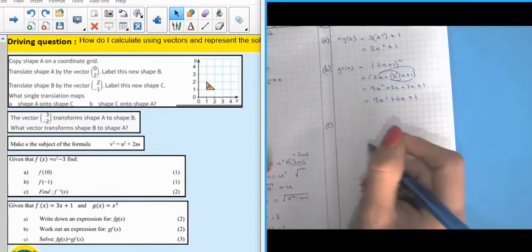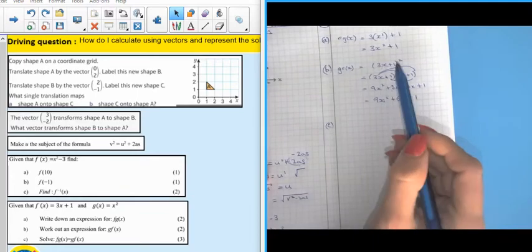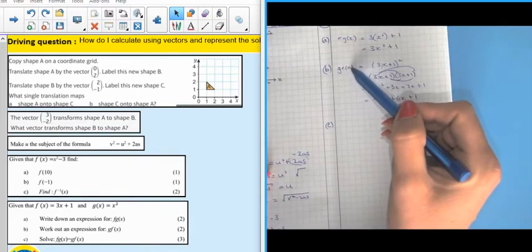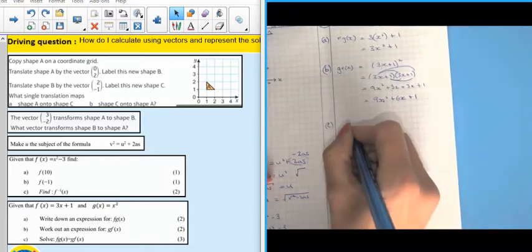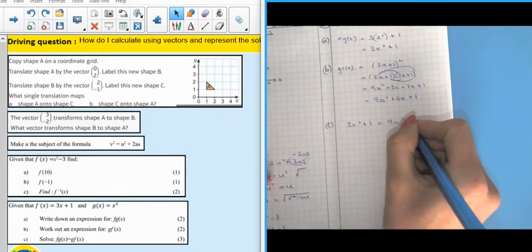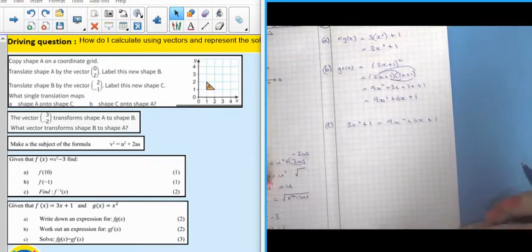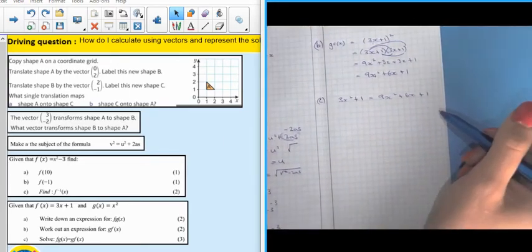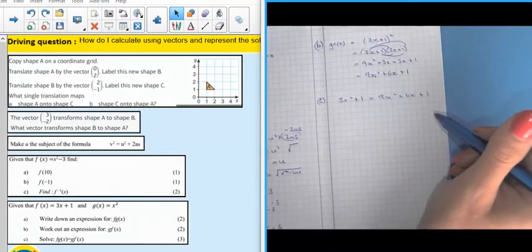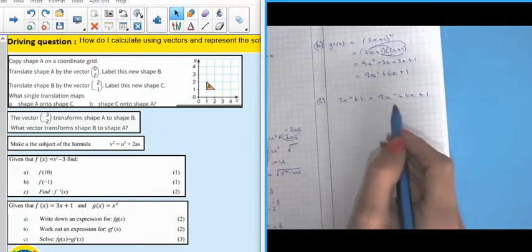The final part of the question, where you've done all of the hard work really, you want to solve fg(x) is equal to gf(x). So we know that fg(x) is 3x squared plus 1, and gf(x) is 9x squared plus 6x plus 1. Okay, to solve this, I want to move all the like terms onto the same side, and I'm going to use inverse operations.